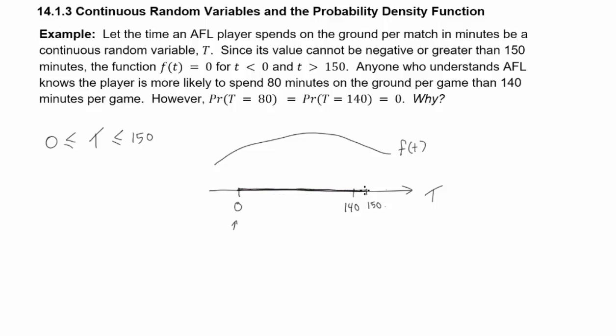These are all the possible times that a player might be on the field during an AFL game. But the probability that this specific time at t equals 140 equals the probability of this specific time of t equaling 0.